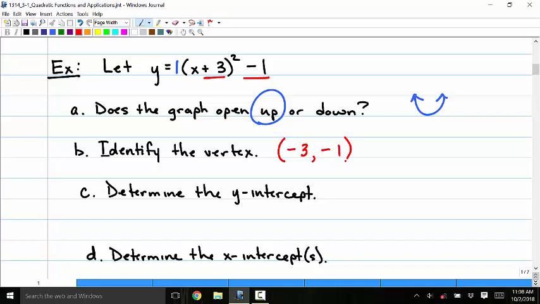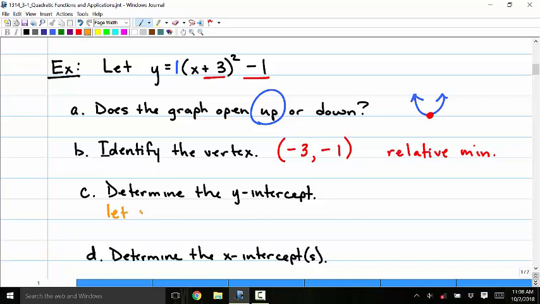Yep, question? Why is it a minimum? Because the parabola opens up. Okay. The vertex is going to be at the bottom. So I'm going to write down it's going to be a relative minimum. Okay, to find the y-intercept, for a y-intercept, you always let x equal 0.